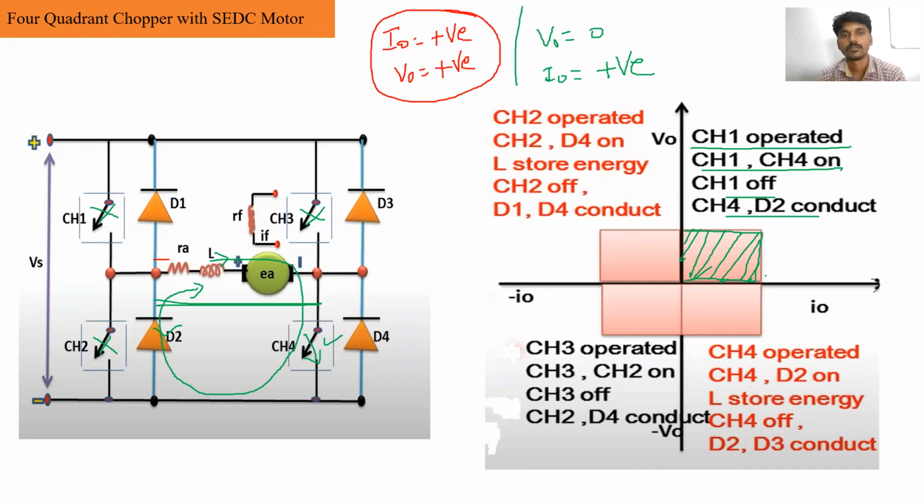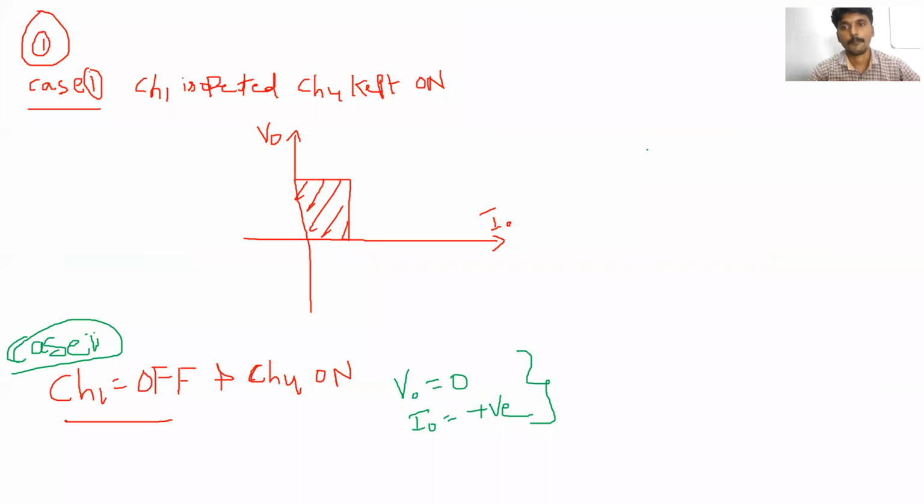So when switch 1 and switch 4 are operated, the motor speed torque characteristics will exist in the first quadrant. This is the speed and this is the torque.